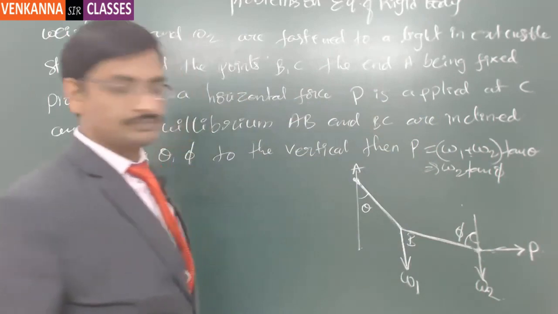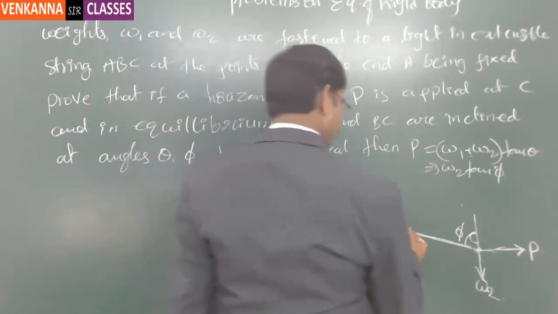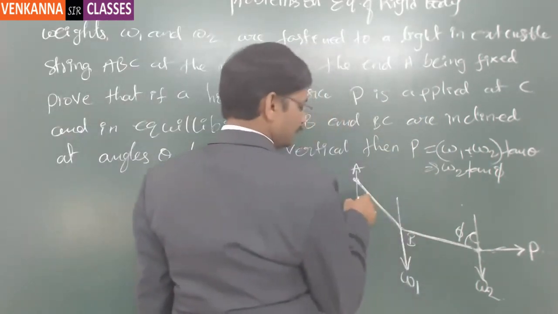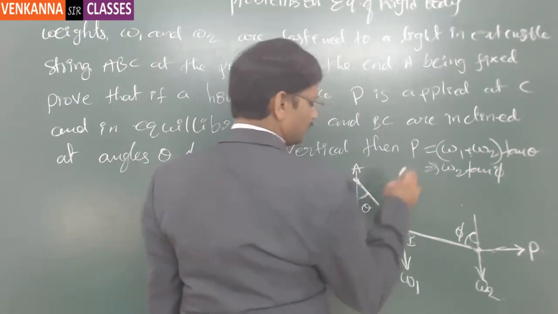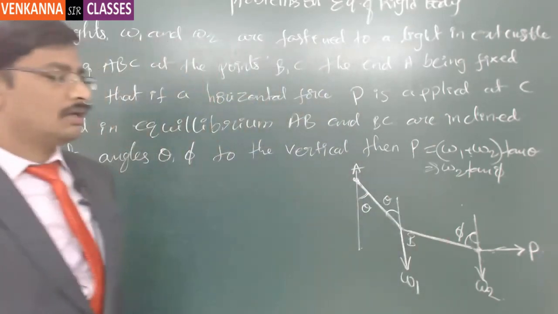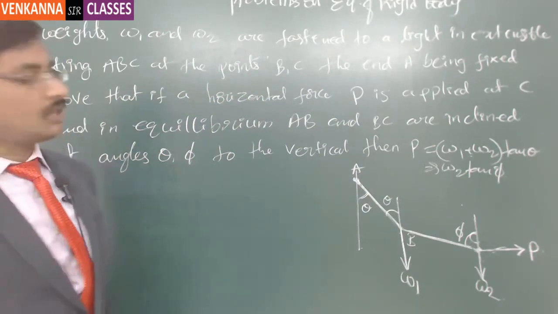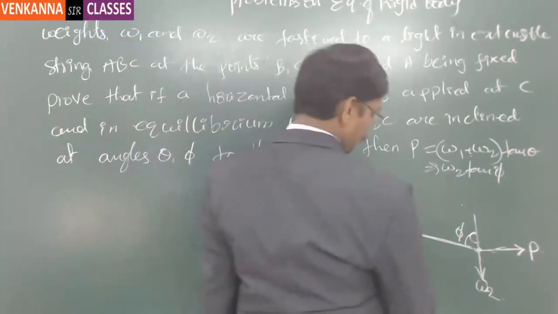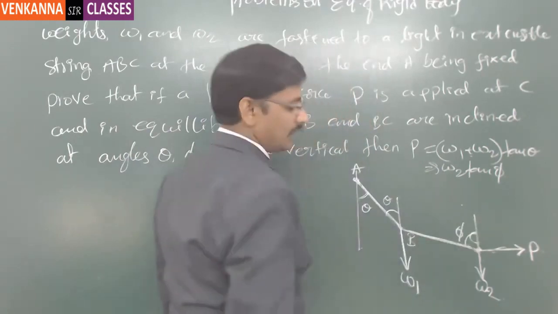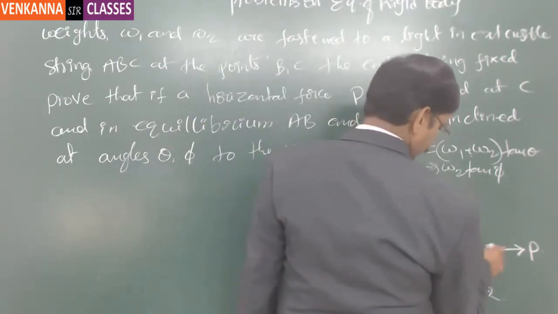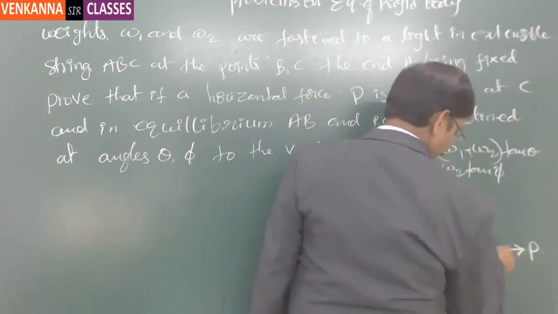Got it? If I extend this further, if this angle is theta, this angle is also theta. These are alternate angles. Got it? So this is how the situation is. AB and BC are making angles theta and phi. So this is the horizontal force.